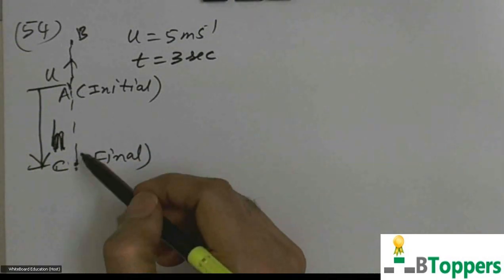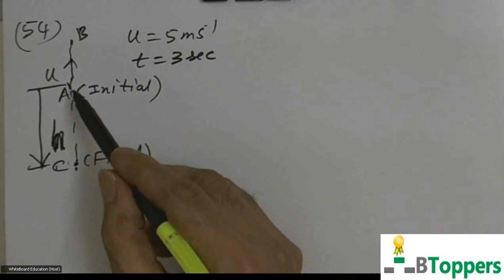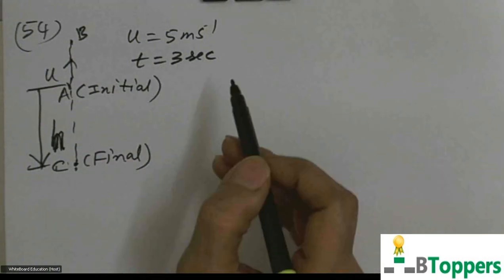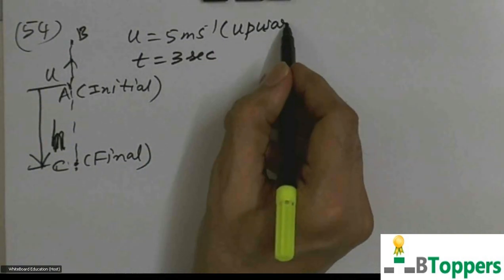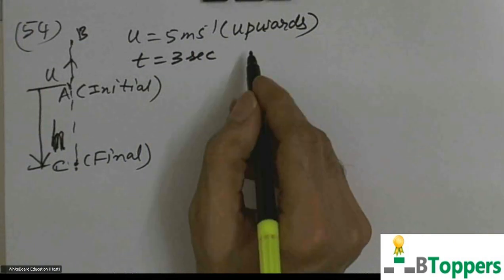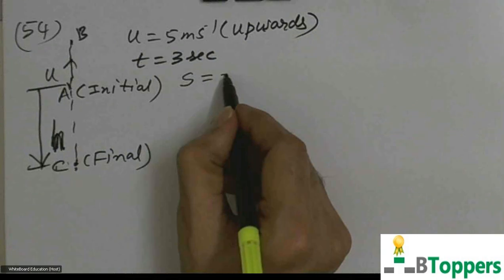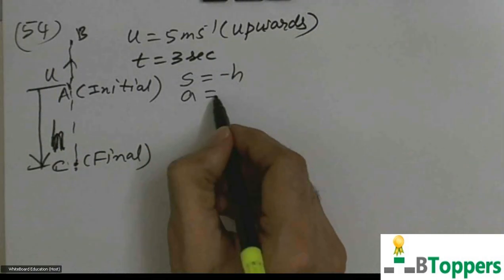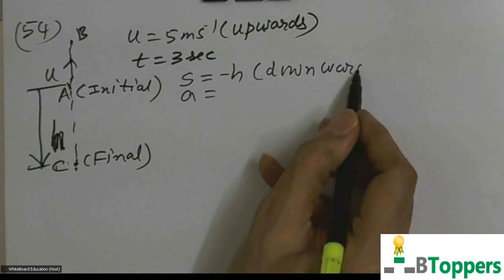This is the initial position of the ball. The direction of displacement is vertically downwards, but the direction of the initial velocity is vertically upwards. So if you give a positive sign for the initial velocity in the upward direction, you have to give a negative sign for displacement and acceleration, which are directed vertically downwards.